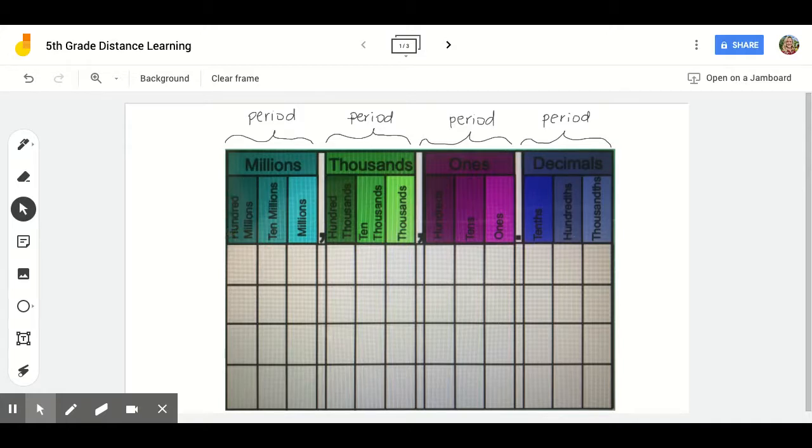It also is the darkest shade of turquoise. So the shades also mean something in the colors here. So you could check out the thousands. The 100,000s is worth the most, so it has the darkest shade of green. This is the middle for the thousands, the 10,000s. And then the thousands is worth the least, so it has the lightest shade of green in that period, right?